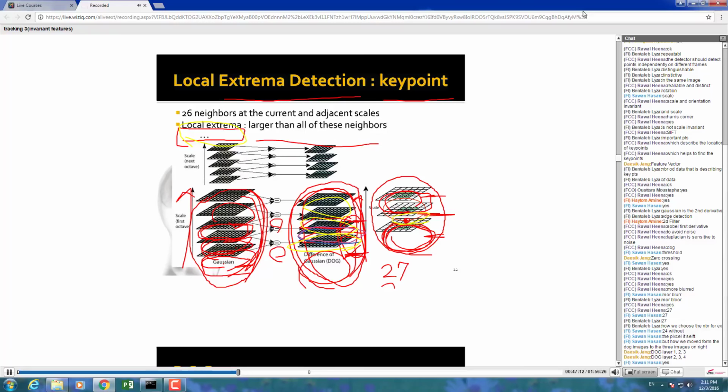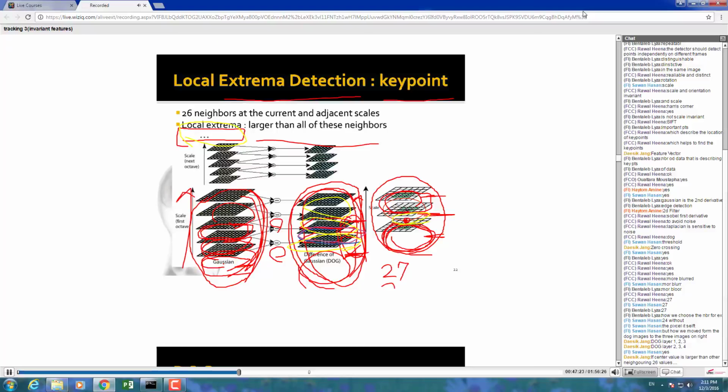So if the center value is larger than the other neighboring 26 values, this is the condition to select local extrema. Okay, so we are looking at the center value, it can have some number, right? And comparing this value with all the other 26 neighboring values.